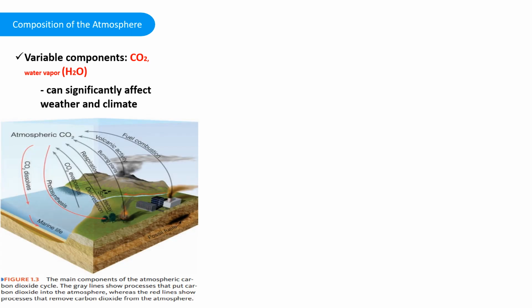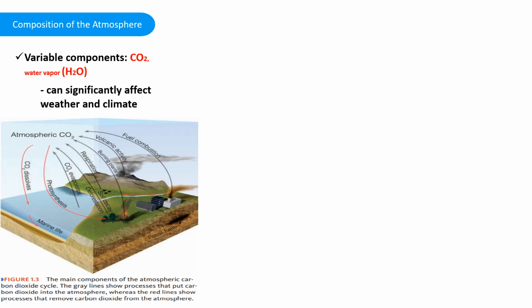And as you can see in this figure, the main components of the atmospheric carbon dioxide cycle are shown: fuel combustion, volcanic activity, burning of plants, respiration, soil decay, deforestation, and carbon dioxide evaporates.